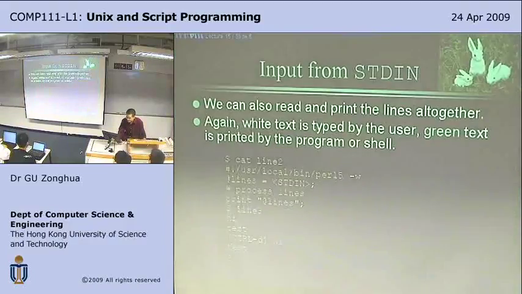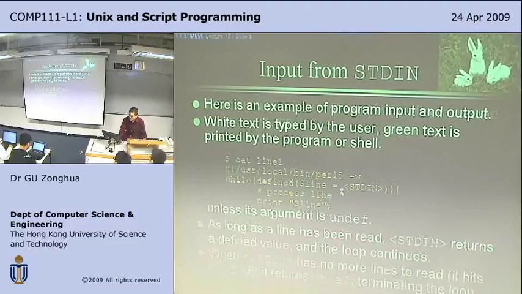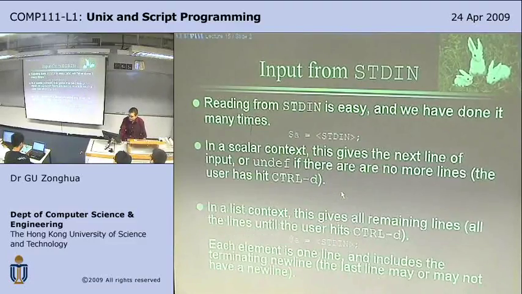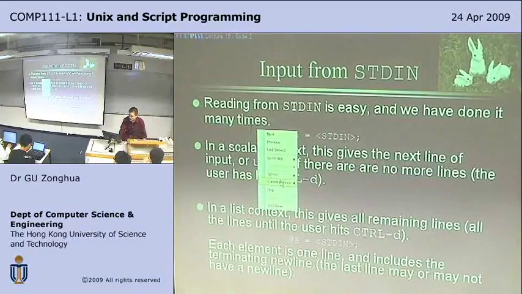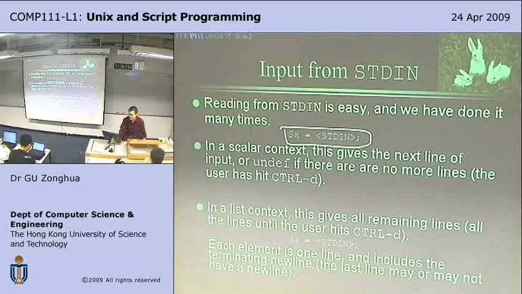We saw this kind of input before, right? So input from STDIN. So this is the command for reading a line from the input into $A, which is a scalar variable. A scalar variable is a string. You can get input. If the STDIN hits Control D, that is the end of the input, you get undef.